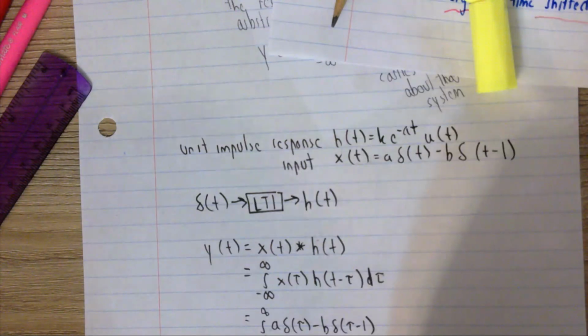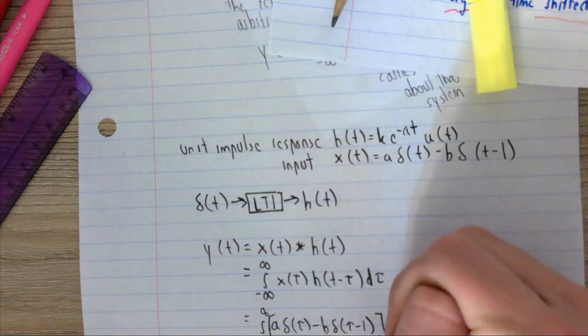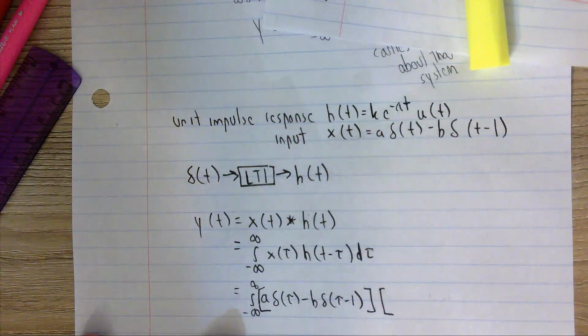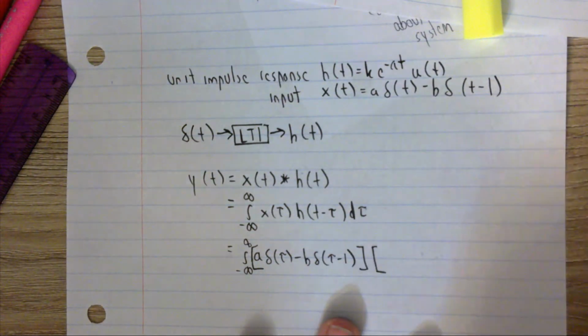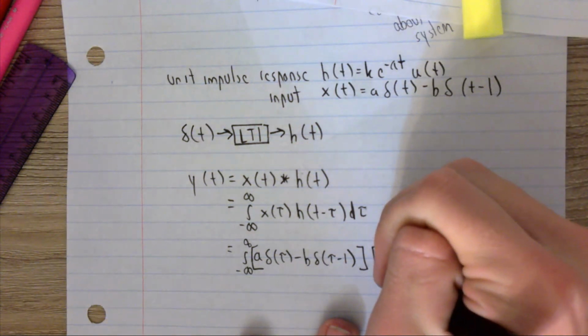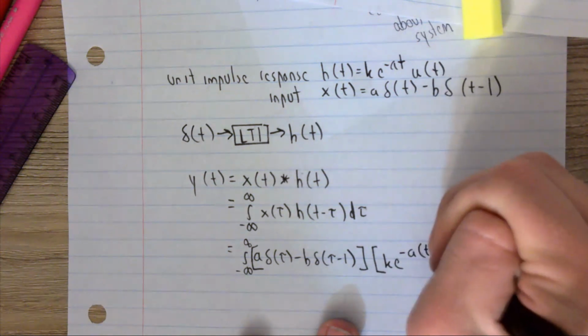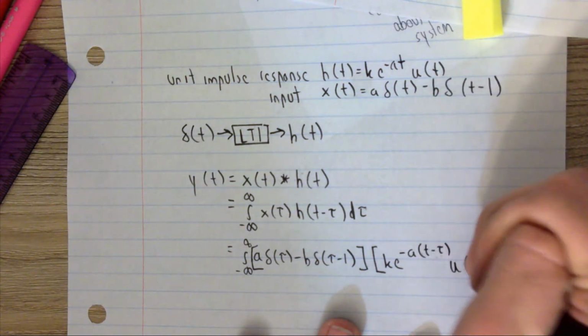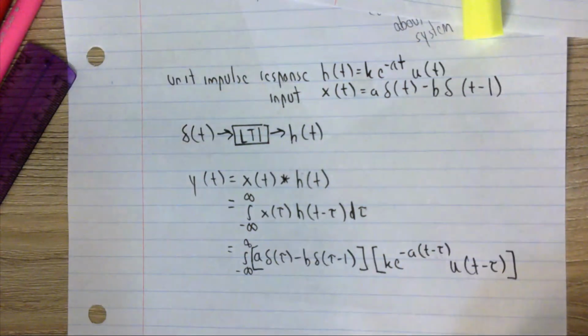So if we substitute in t minus tau for it, our h of t term is going to become, let's put in what we have for it: k e to the negative a t minus tau u of t minus tau. And just remember d tau at the end of the integral.